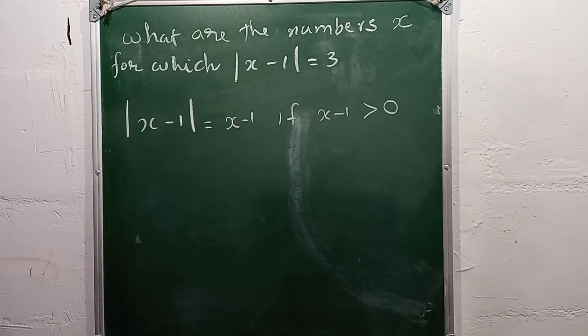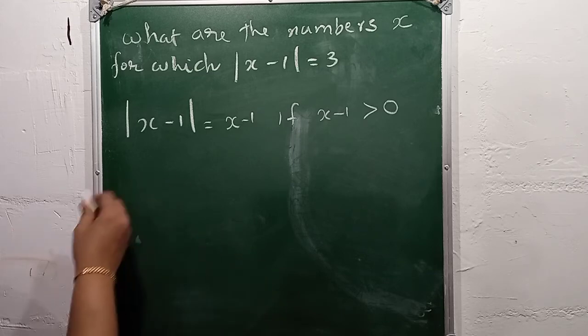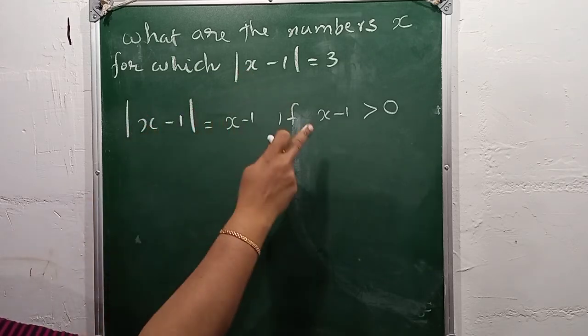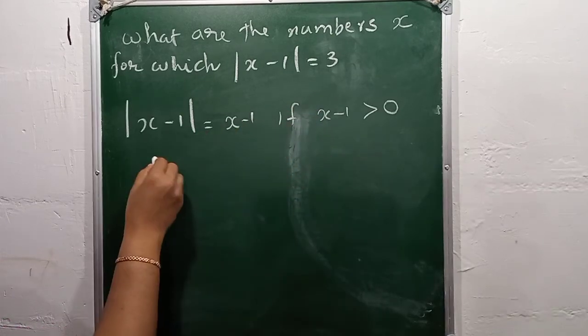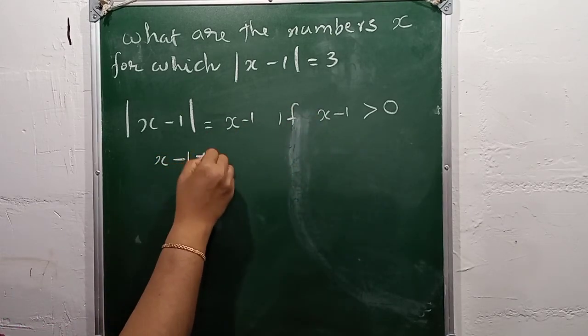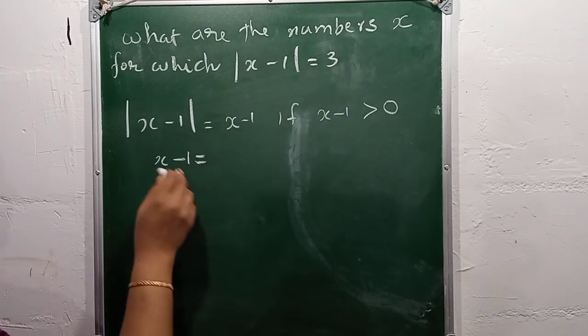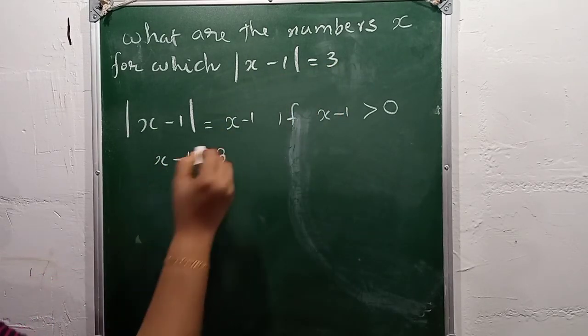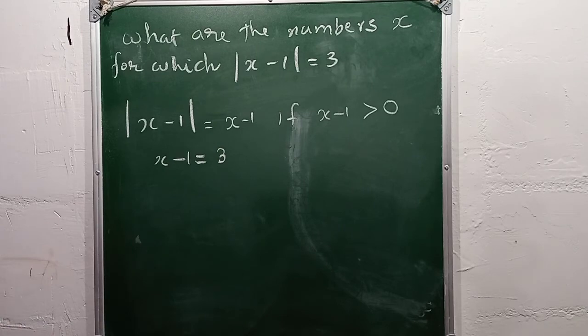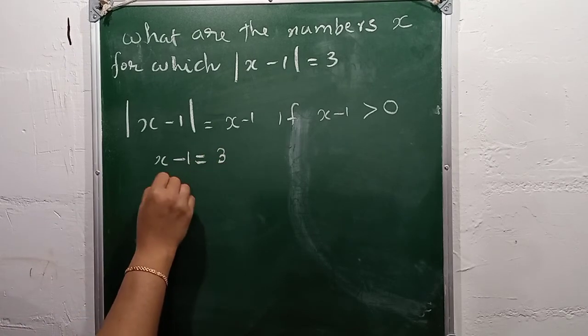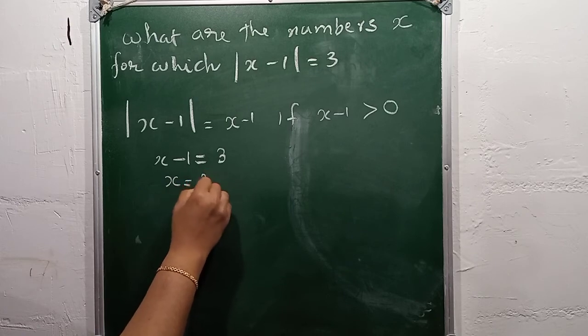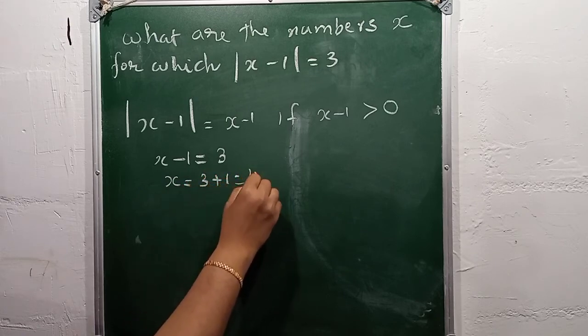So if x minus 1 is greater than 0, then x minus 1 is equal to modulus of x minus 1, which is equal to 3. This is our condition. So, x minus 1 is equal to 3.